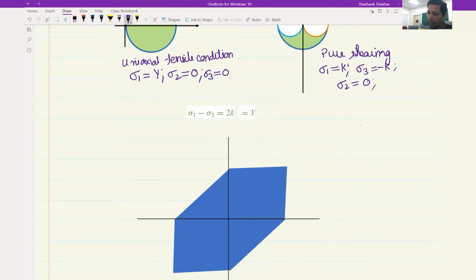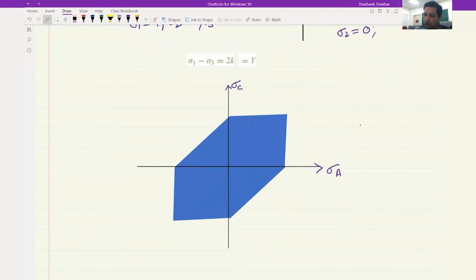So let's say this becomes your sigma A. This becomes your sigma C. Now, we will also draw a 45-degree line, that is x equal to y, at equal slope. So it will look like this. So anywhere over here, sigma C is greater than sigma A, and over here, sigma A is greater than sigma C. Similarly, we will draw a line here because these would define different zones where you will get different forms of the same equation.